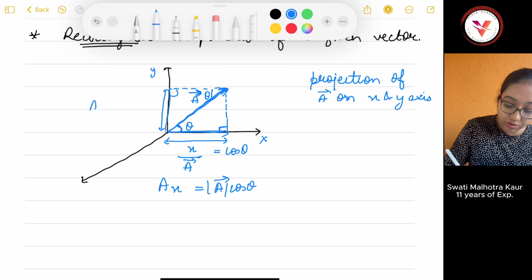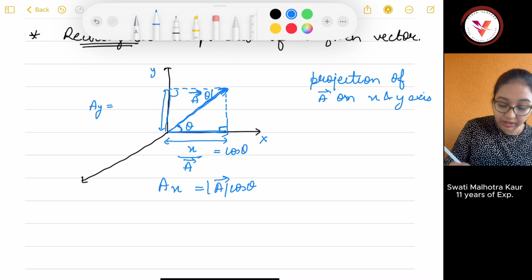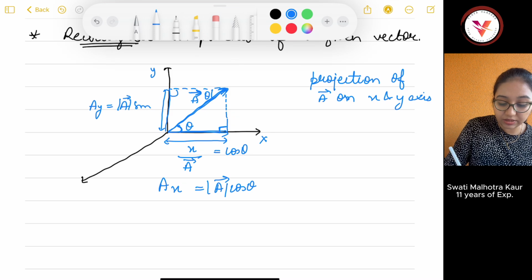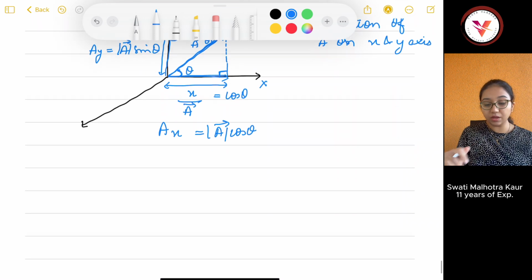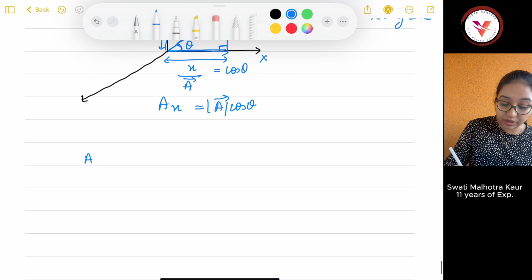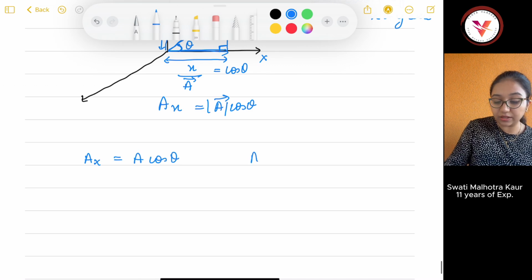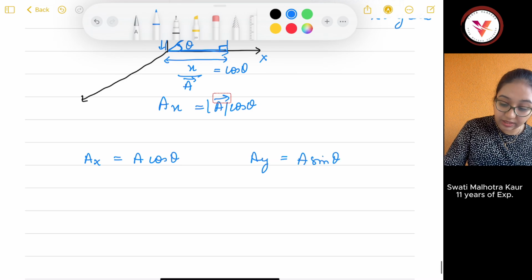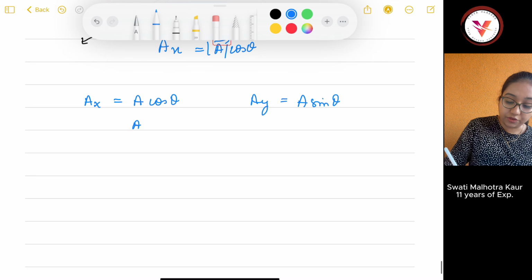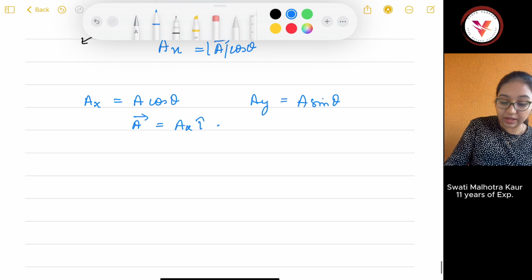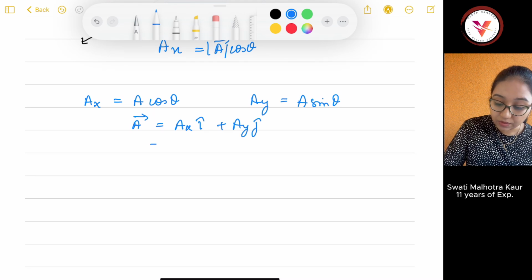Now its y component using trigonometry becomes A sin theta. Okay, so this is a rectangular component where this AX is A cos theta, and your AY is simply A sin theta, and here if you have to write this A, then it becomes AX I cap plus AY j cap, which we have understood before.